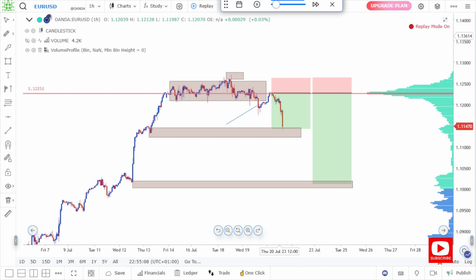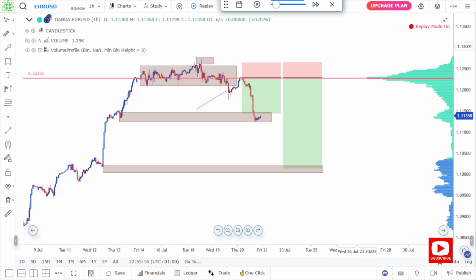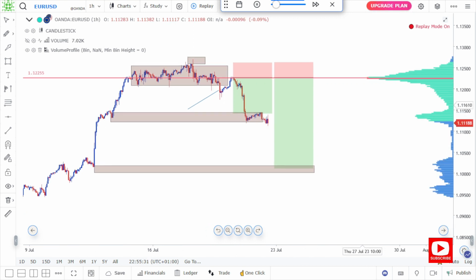Okay, we can see our take profit 1 has been touched and price is still going within that zone. Let's see if our take profit 2 will be touched. Market still hovering, playing around, and we can see that the volume is changing.